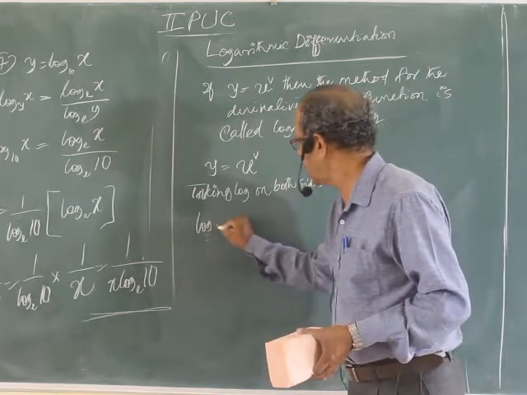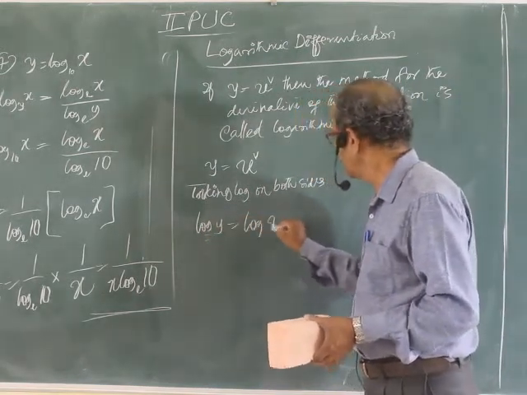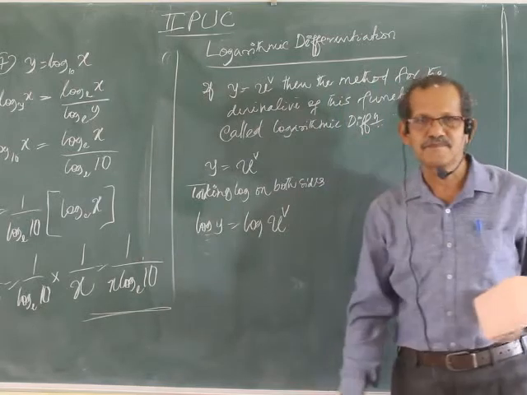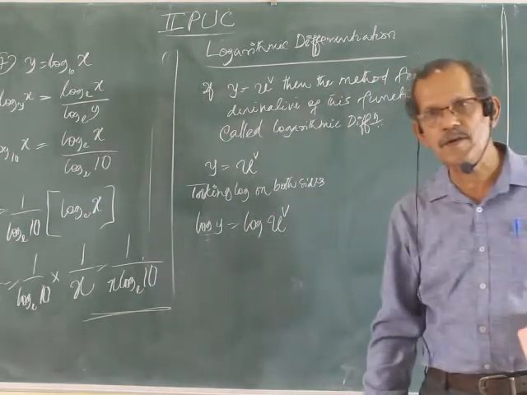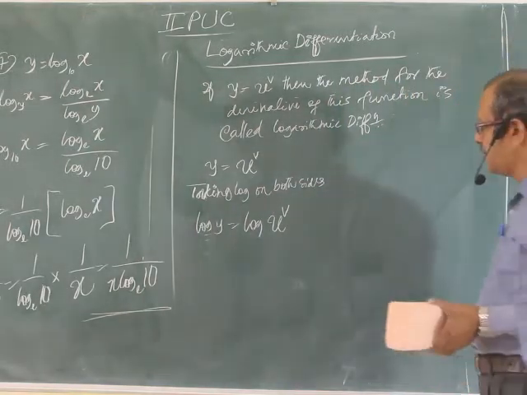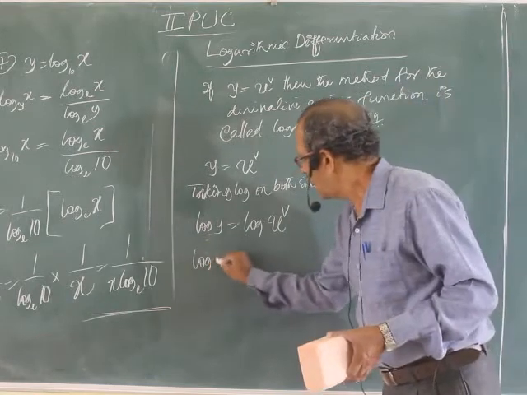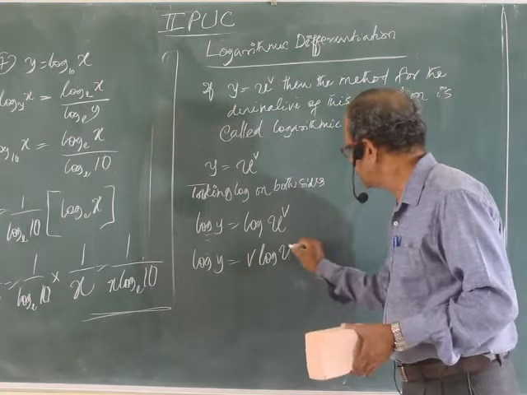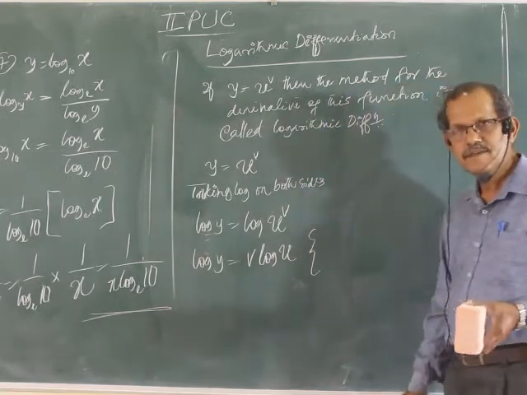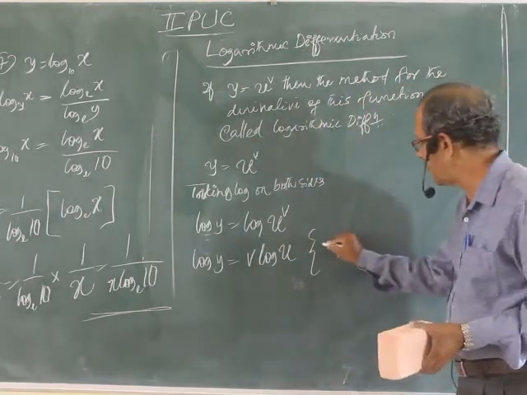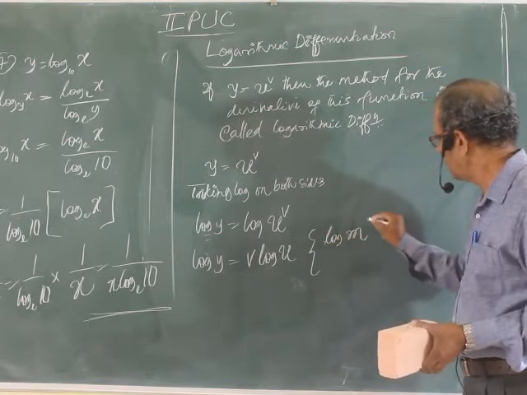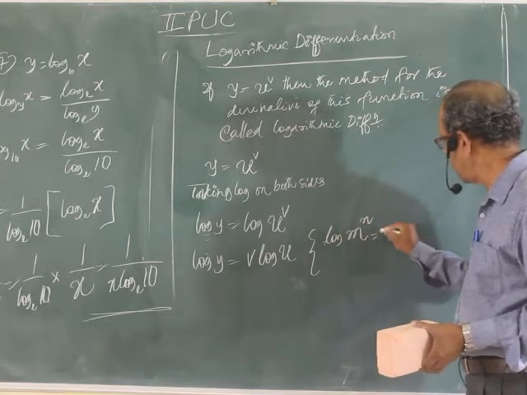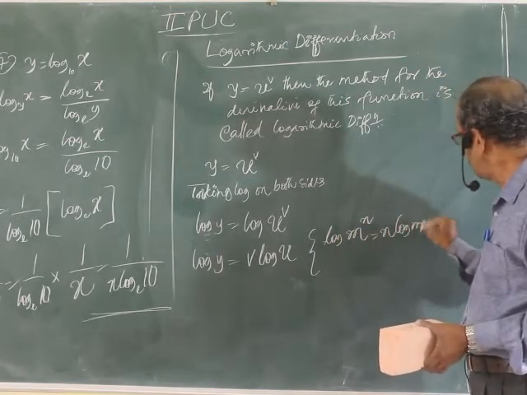Log y equal to log u to the power v. Log y equal to v into log u. Immediately let me write the formula: log of m to the power n can be written as n into log m.